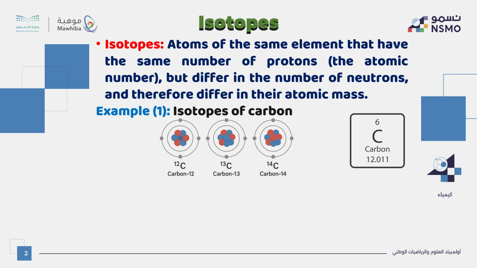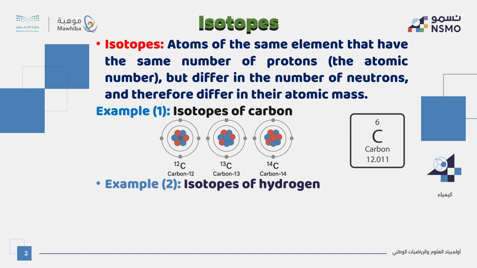Carbon-13 has 6 protons and 7 neutrons. Carbon-14 has 6 protons and 8 neutrons. All three are carbon atoms because they have the same number of protons, but they have different masses because the number of neutrons is different.